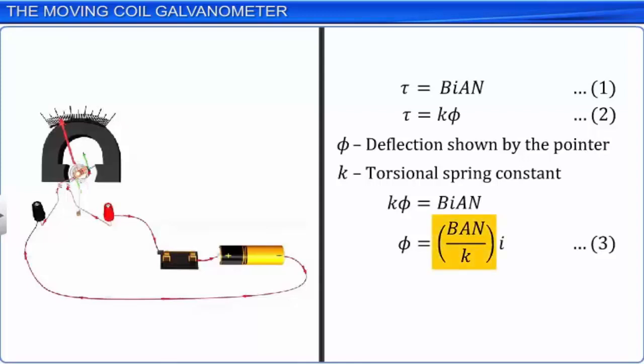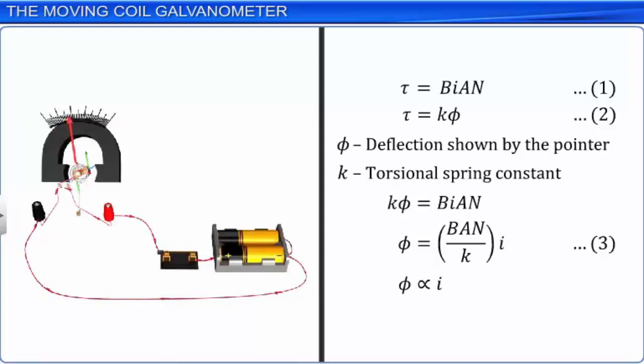The value of BAN by k is constant for any given galvanometer. Hence, φ is directly proportional to I. That is, if the current passing through the coil increases, the deflection of the pointer also increases.